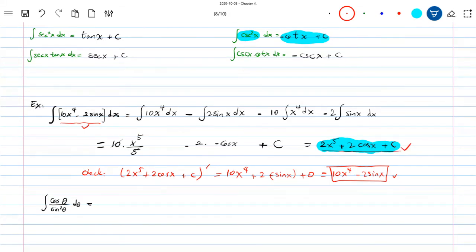How about if you have cosine divided by sine squared? Now you see that here we don't have the quotient rule. You cannot use the quotient rule to find the antiderivative or the integral of a function. So what we do is you try to simplify it somehow. Let me write it this way, in a way that you can calculate.